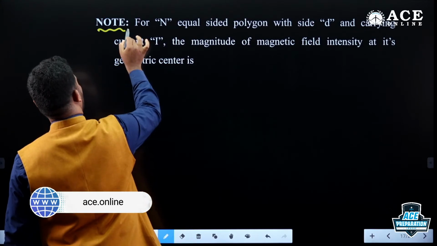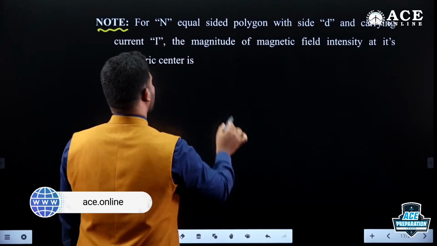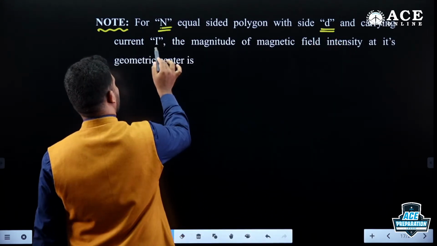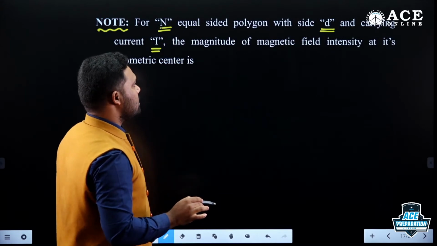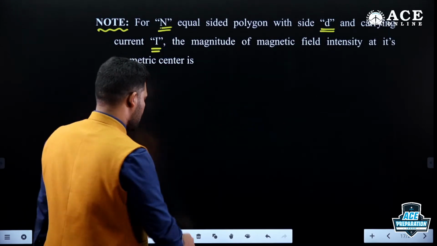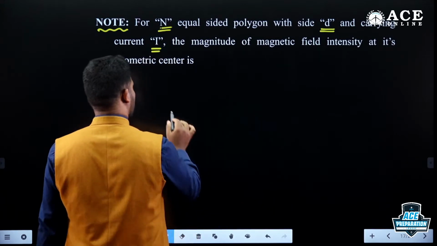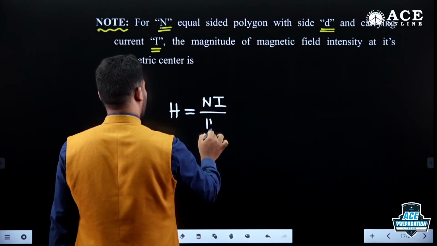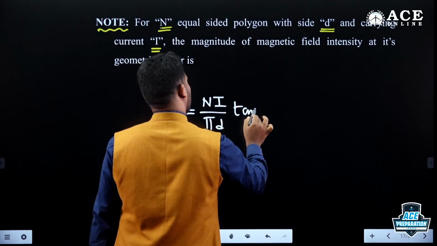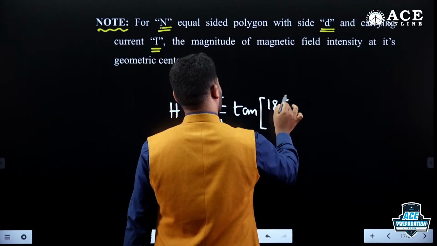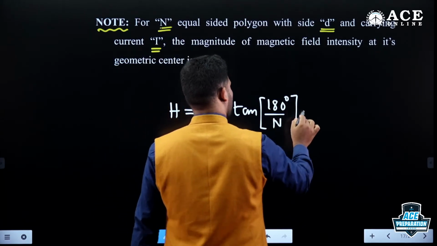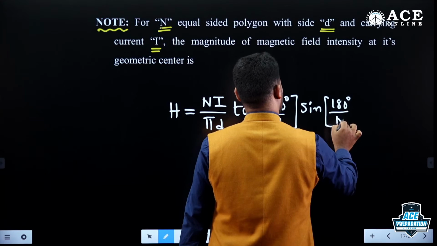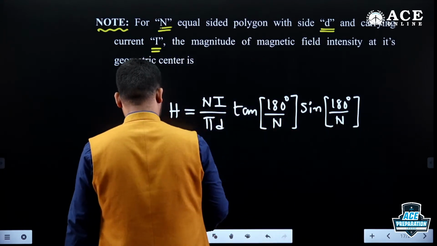For an n equal sided polygon with side D and carrying the current I, the magnitude of magnetic field intensity at its geometric center is directly given by, no need to take section by section, H is equal to n into I by pi d, tan of 180 by n, into sine of 180 by n. This is the thing that needs to be remembered.